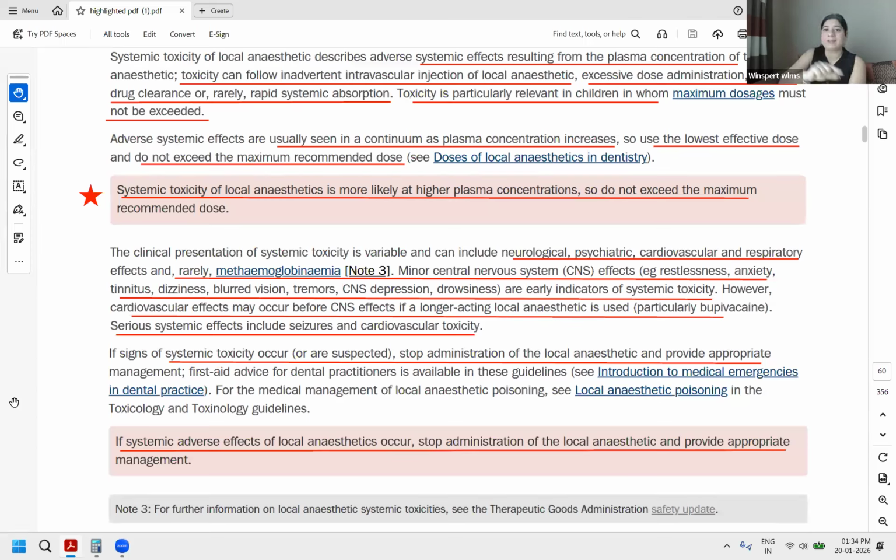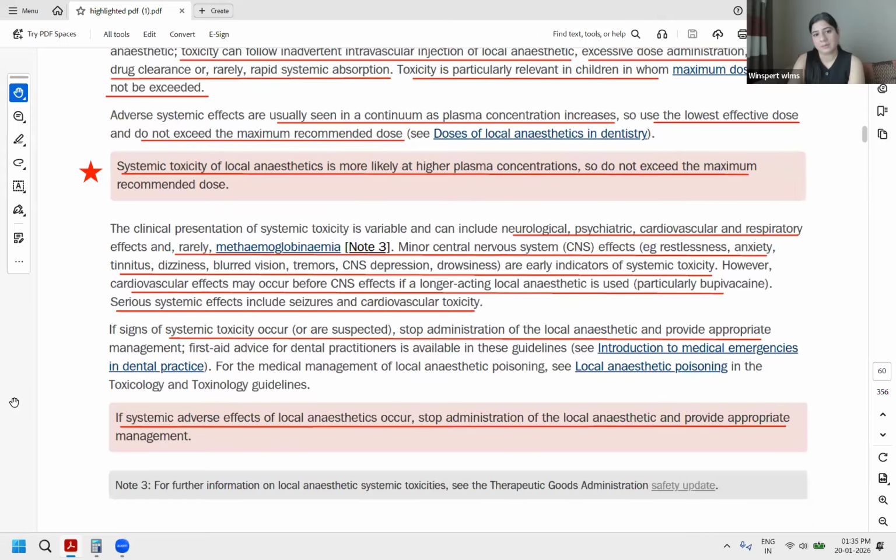I will also show you how I calculate the magic numbers, so that in future, if you have more questions about, okay, tell me what's the magic number for Articaine in mLs, what's the magic number for Articaine in cartridges, what is the magic number if the cartridge is 2.2, what is the magic number if cartridge is 1.8, and then what is the magic number if the cartridge is 1.7. I can only give you 3, which is most commonly asked for lignocaine, but I'll show you the technique how to calculate. So if you are curious and want to learn as many as you can, simply use your calculators, and you can arrive at it.